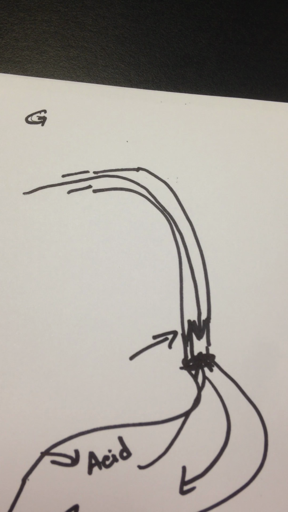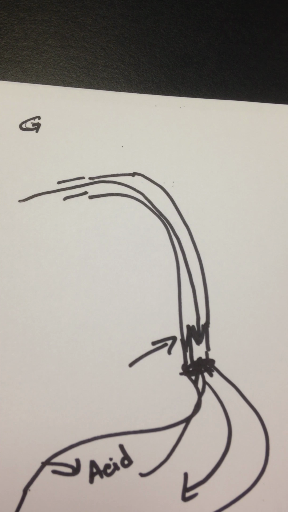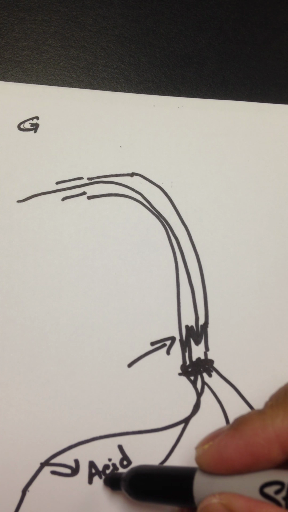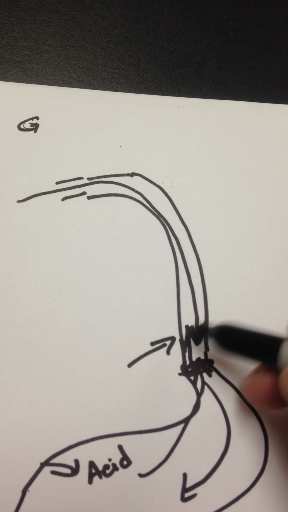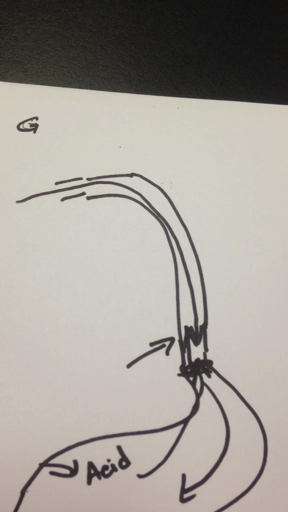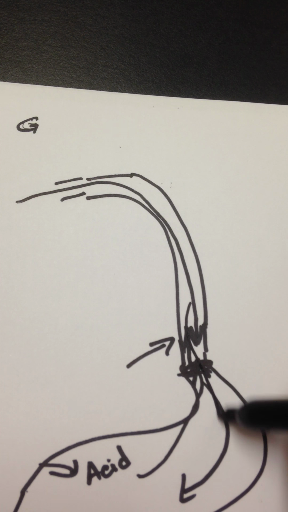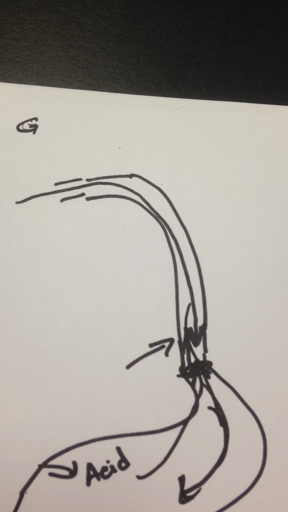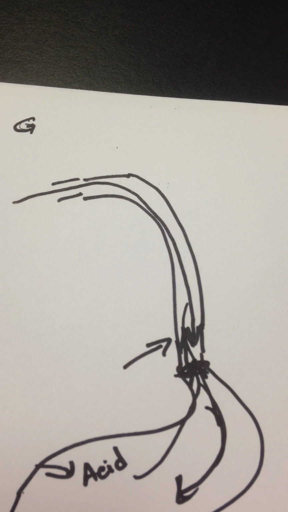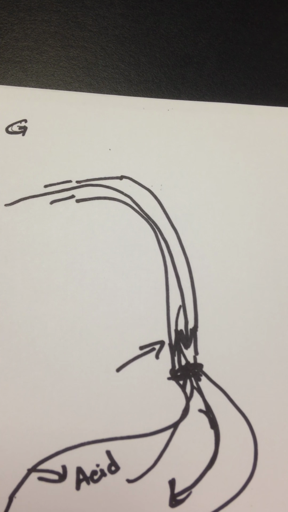So essentially that is what GERD is, or reflux disease. That's what it is essentially, this acid backing back up into the esophagus. Now again, that's not supposed to happen. Food is only supposed to go one way. Okay? So just keep that in mind, and now let's get into GERD.